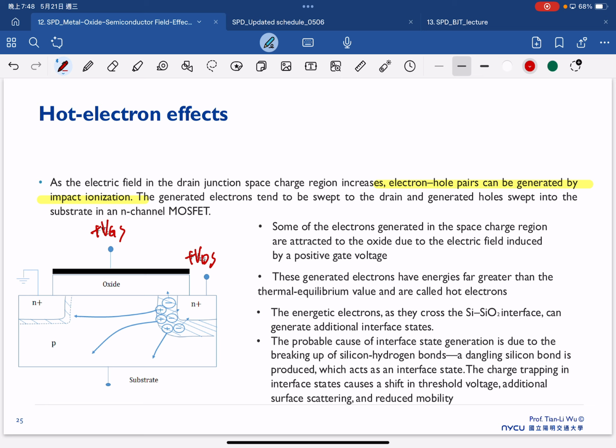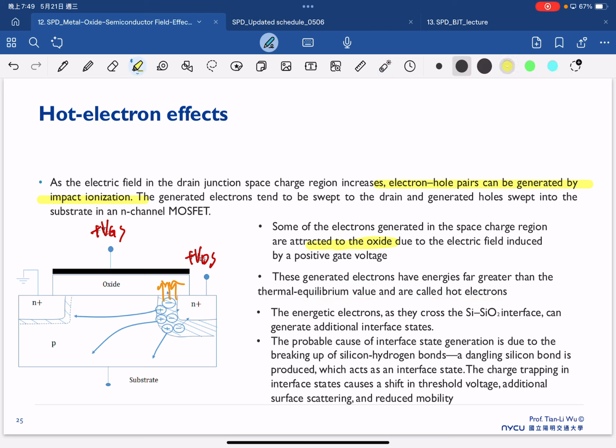And then we find that some of the electrons generated in the space charge region are attracted to the oxide, due to the electric field induced by the positive charge. So some of them will flow to the oxide, and this generated electron has an energy far greater than the thermal equilibrium value, and that's why we call them hot electrons.